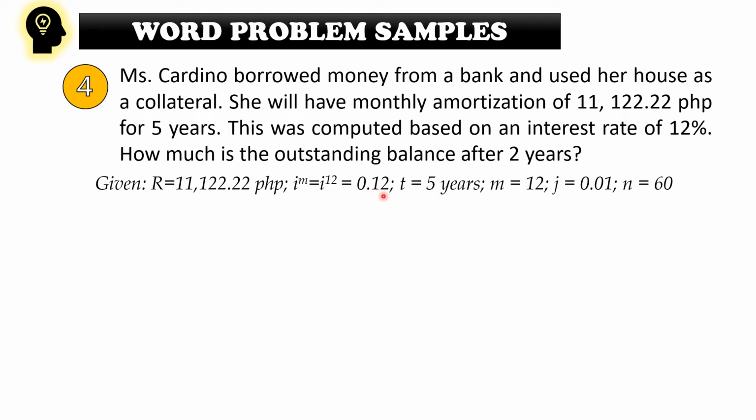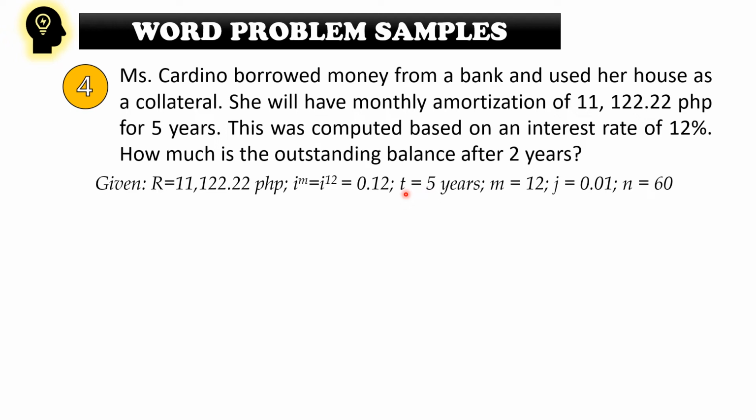Remember, we are going to express the rate in its decimal equivalent as always. So, ang M natin dito, since given sa ating problem, monthly amortization every month, so that is 12. Diba? How many months do we have in a year? That is 12 months. So, therefore, M is 12. So, 12 ang kanyang number of conversion period.